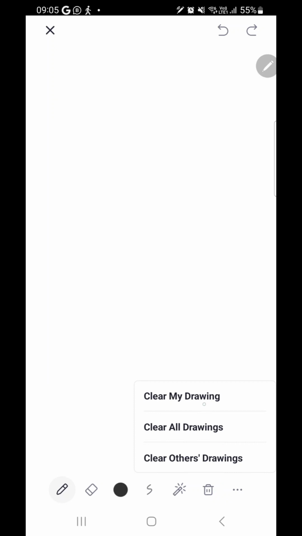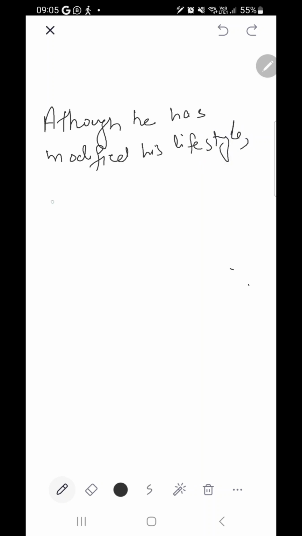Anyhow, let's say: although he has modified his lifestyle, he is still overweight.